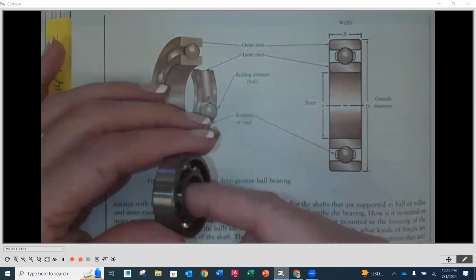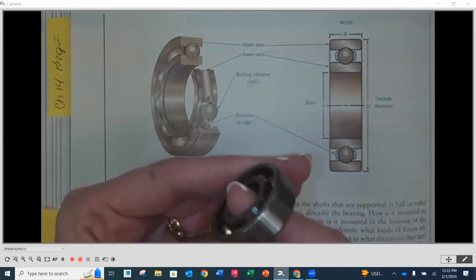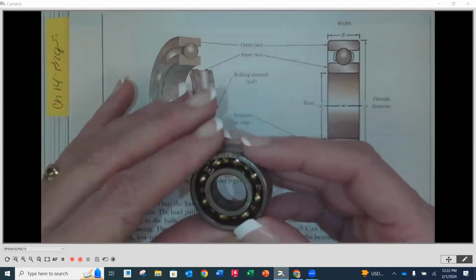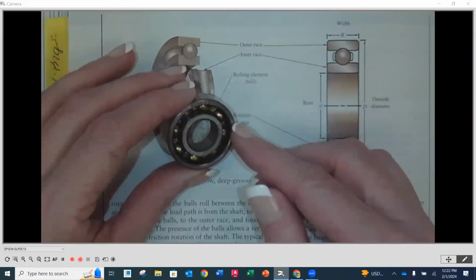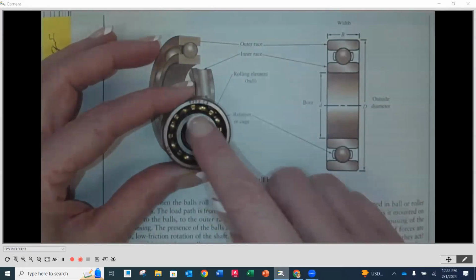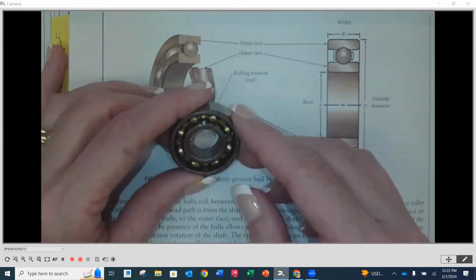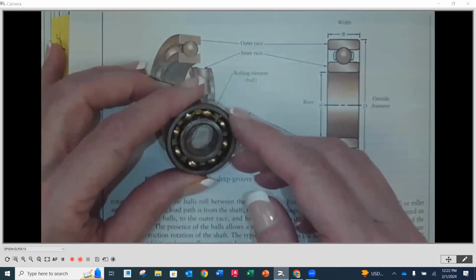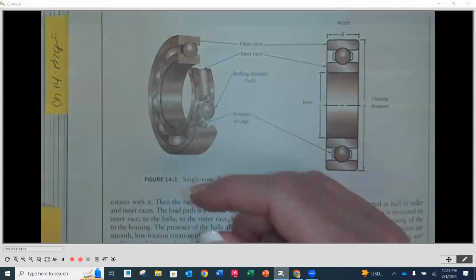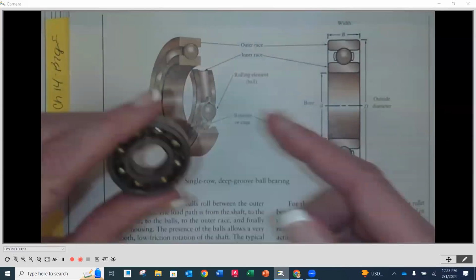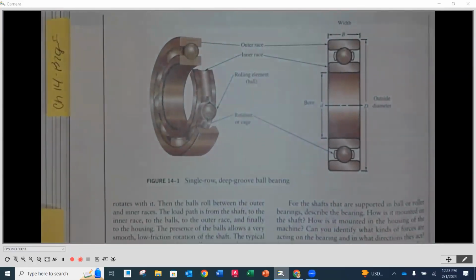The inner race moves real freely, hardly any friction there. You can feel it a little bit, but it's nice and smooth. And then those balls are inside, and you can see the little cage. I know probably underneath the camera, not so much, but they're there. Okay. So I'm going to pass this around in the room, but you kind of get the idea there.